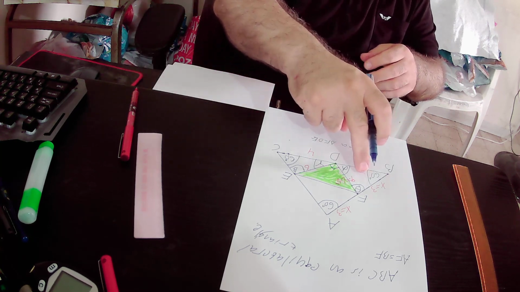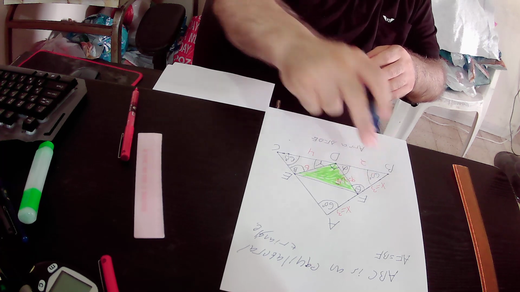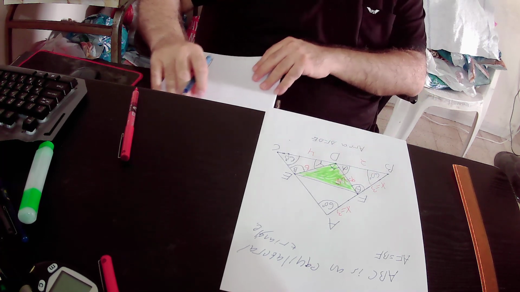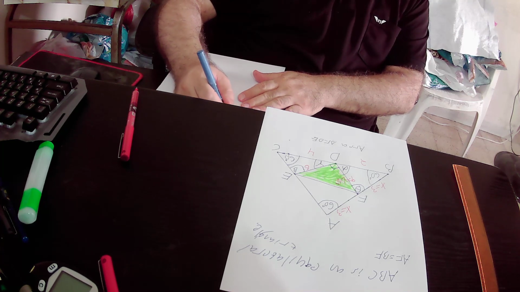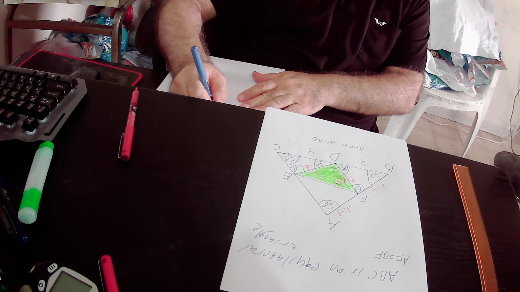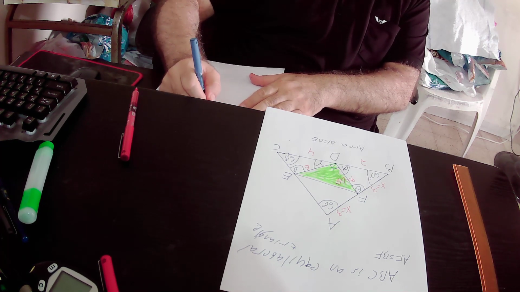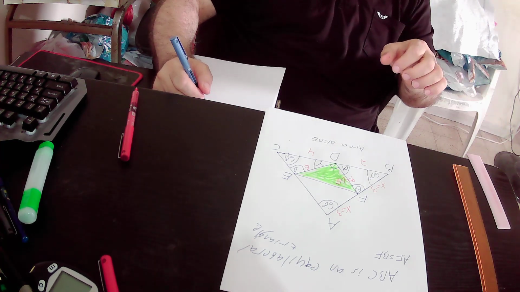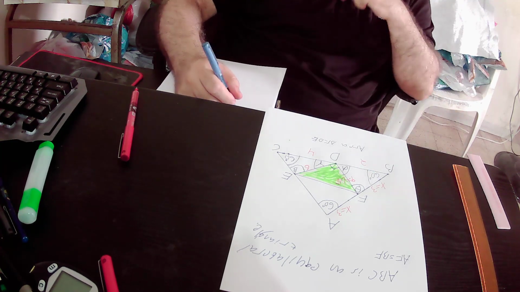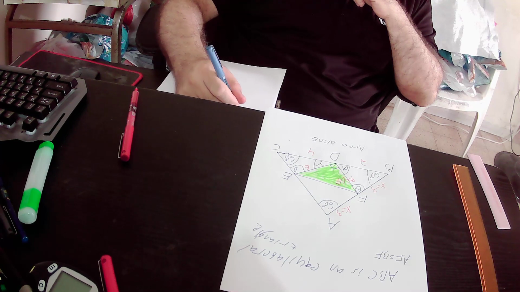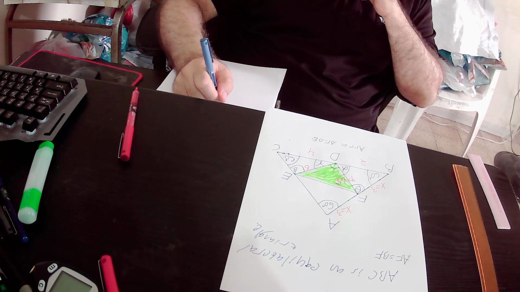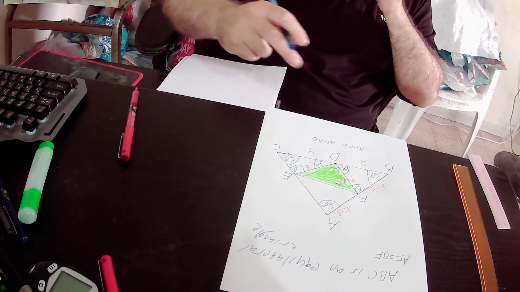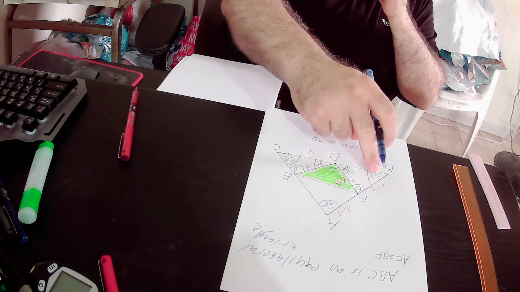In triangle BFD, BD over sinus theta equals FD over sinus 60 degrees.